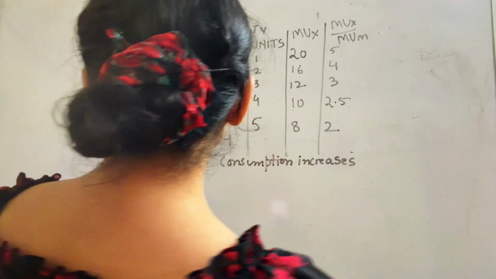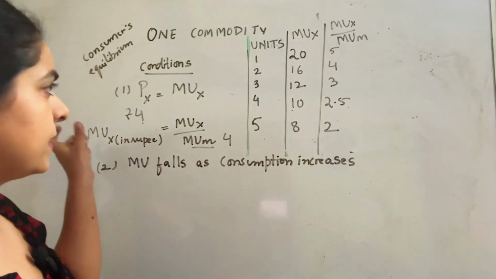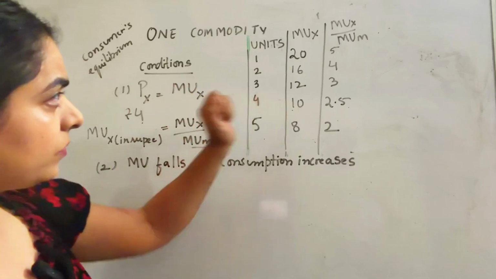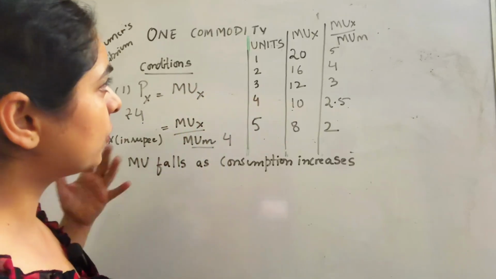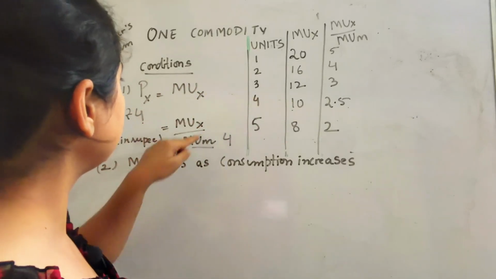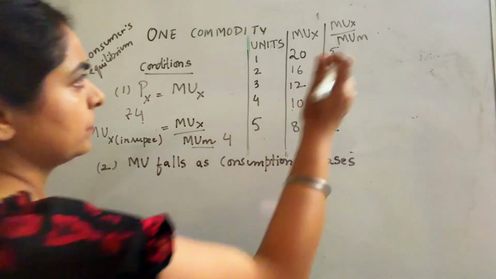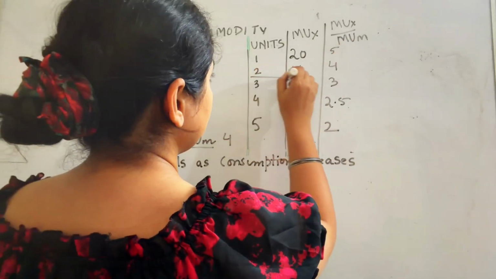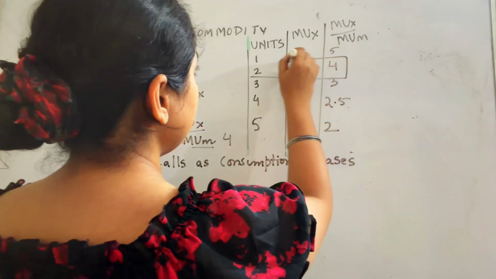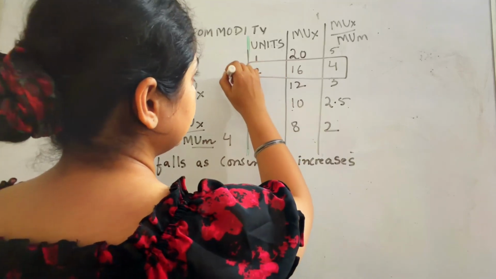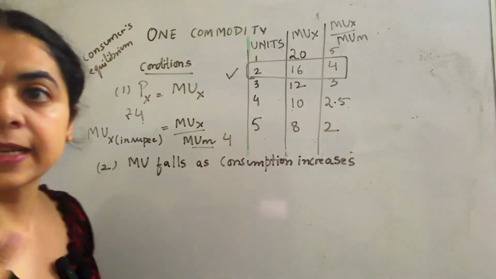Since we know that the price of X is 4, we have to equate it with the given condition. So that means the consumer is in equilibrium at the second unit.